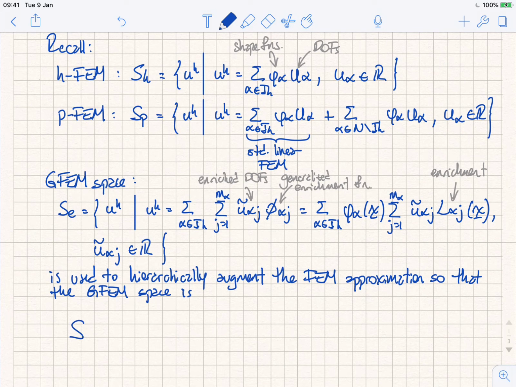So now our SGFEM is just taking SH plus SE. Yeah, that's all there is to it.